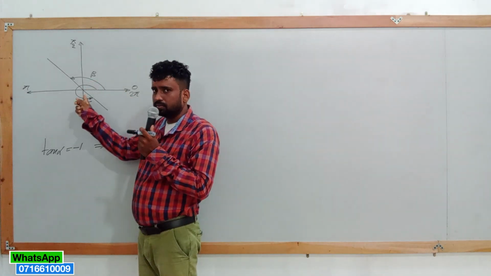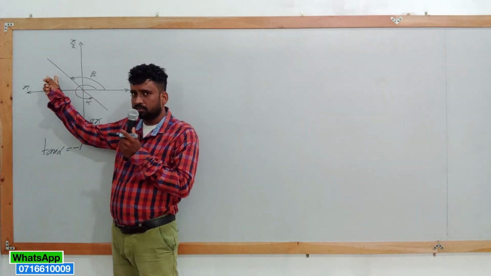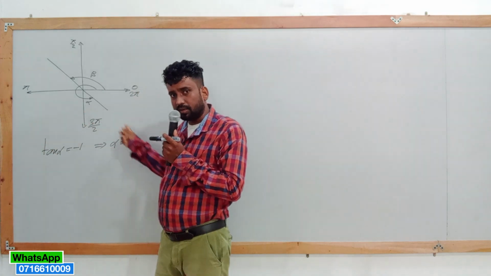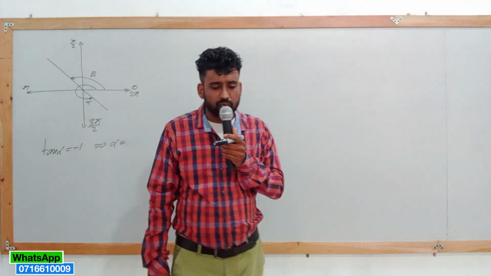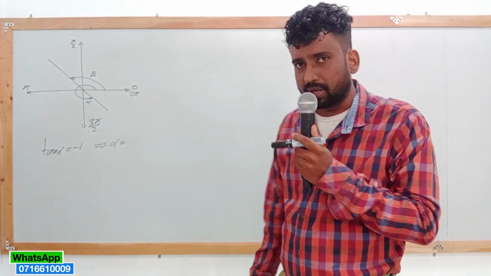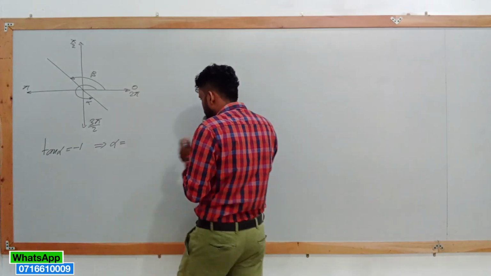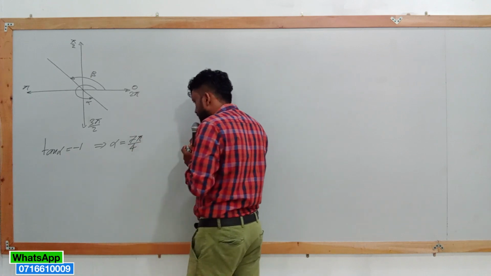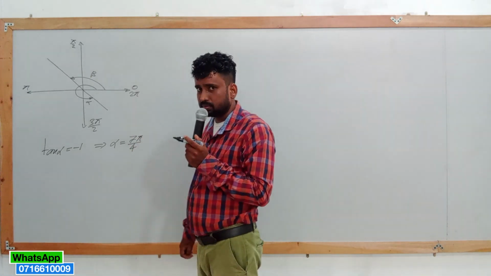Here pi by 4, here 3 pi by 4, here 5 pi by 4, and here 7 pi by 4, right? Alpha is 7 pi by 4.